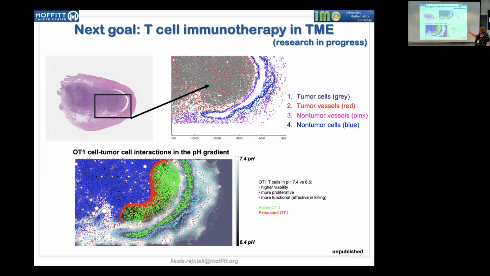And he used different pH levels to make the T cells less active in the high acidity. So this is something that we are going with, right? We want to use this kind of models to actually see if we can improve the treatment. This, again, is uncalibrated.